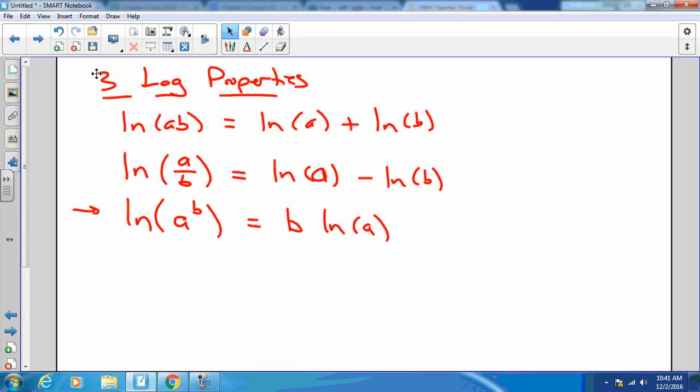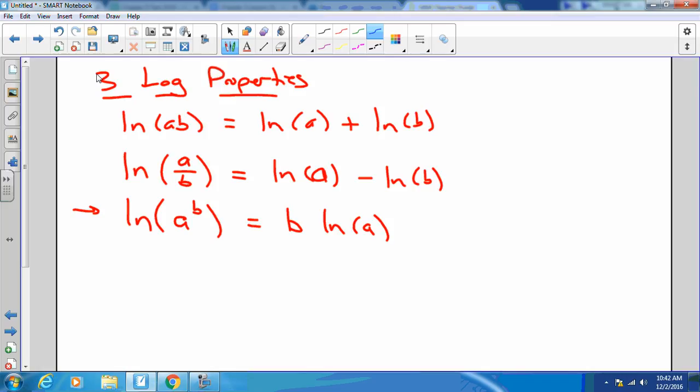Now, it turns out that working mathematicians love these properties. And the reason for that is that they allow us to take the 3 operations of multiplication, division, and exponents and simplify them to addition, subtraction, and multiplication.